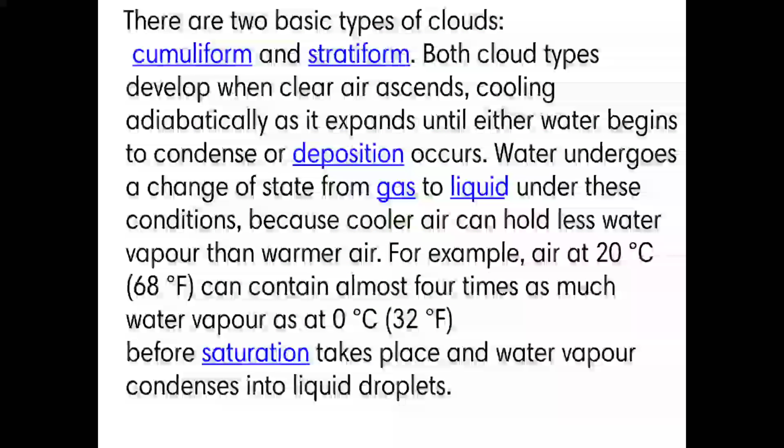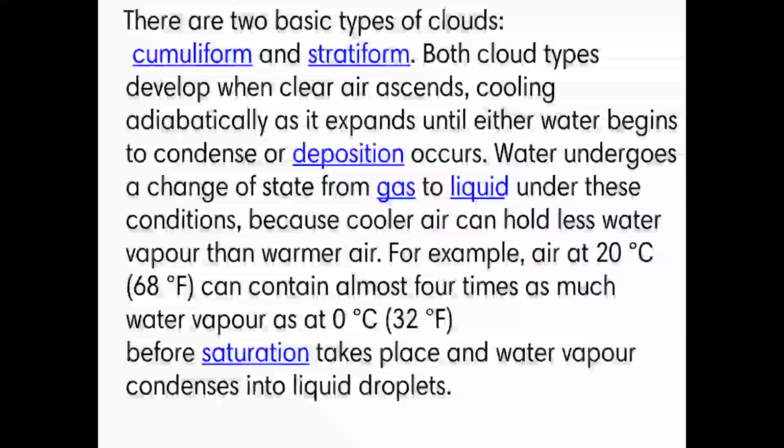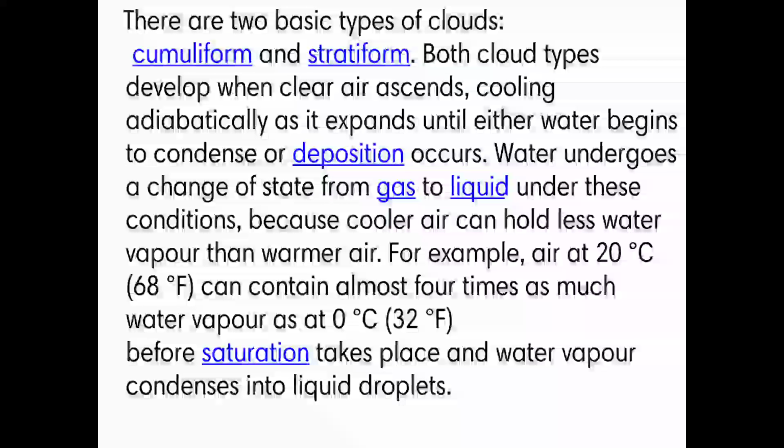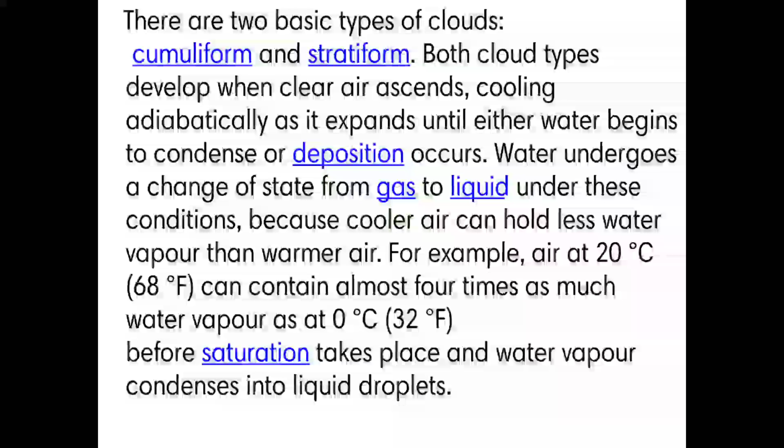There are two basic types of clouds: cumuliforms and stratiforms. Both cloud types develop when clear air ascends, cooling adiabatically as it expands until either water begins to condense or deposition occurs.